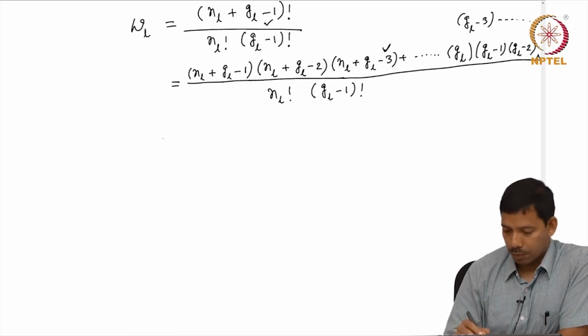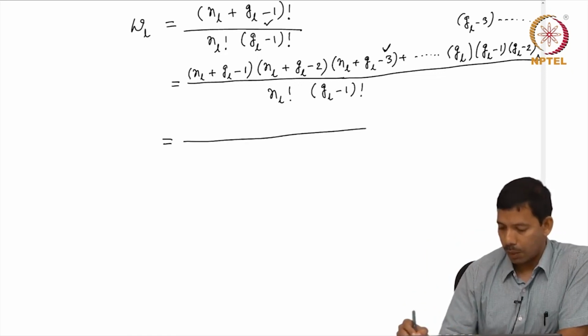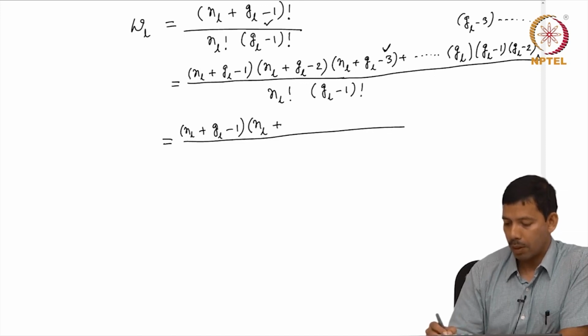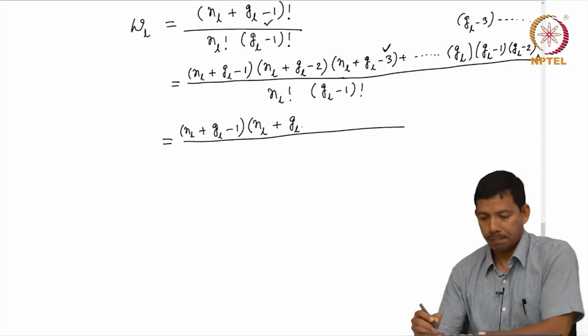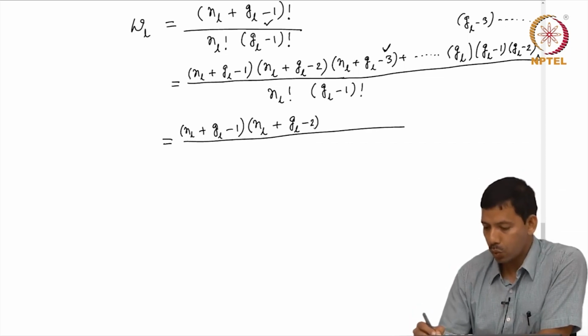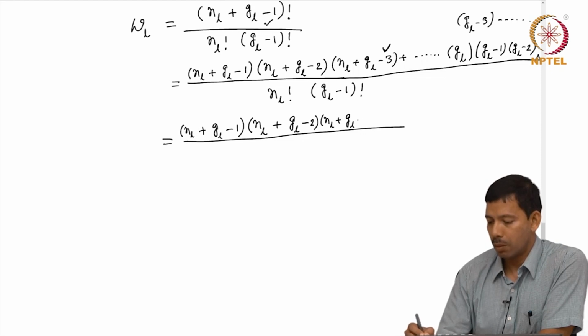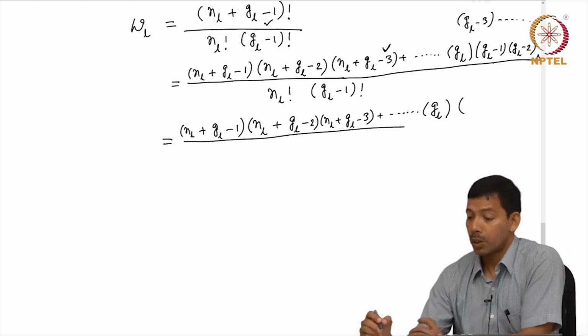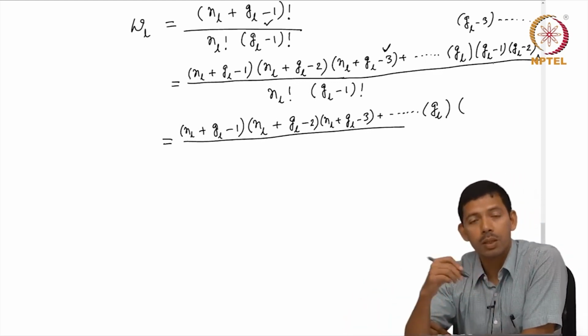Okay, so the above expression we can rewrite as NL plus GL minus 1, NL plus GL minus 2, NL plus GL minus 3, up to GL. And now look at this term. So we have GL minus 1, GL minus 2, GL minus 3, and the series goes on.